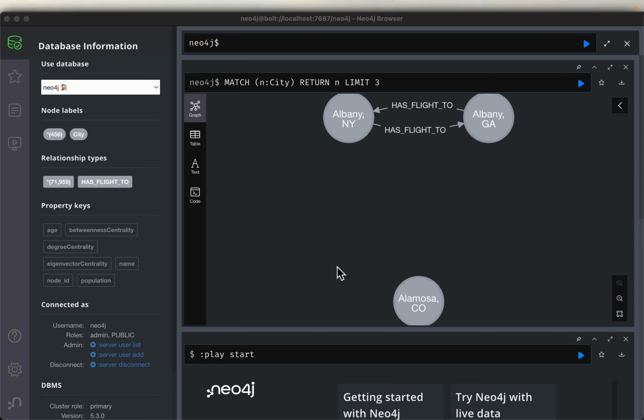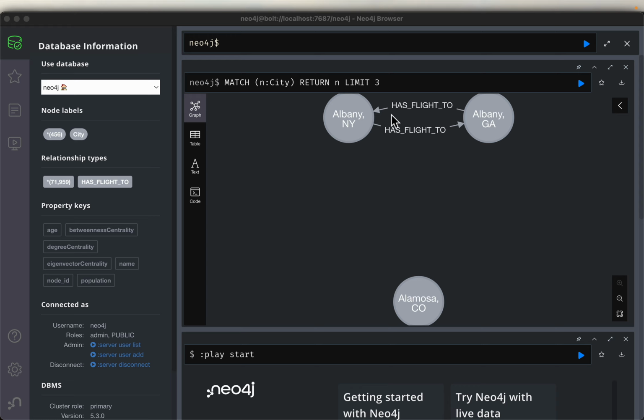Let's take the US airports as a graph network. So here we have 456 cities which have airports in USA, and then we have 70 plus thousand direct flights between these cities.